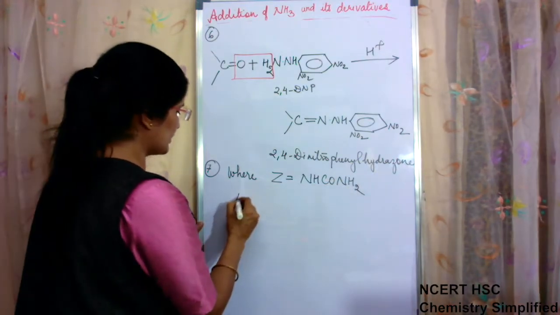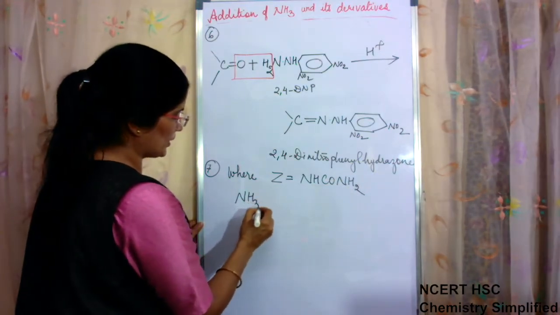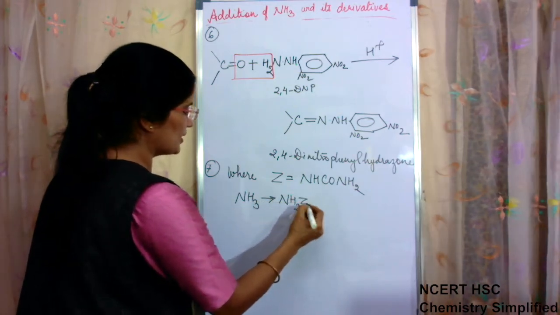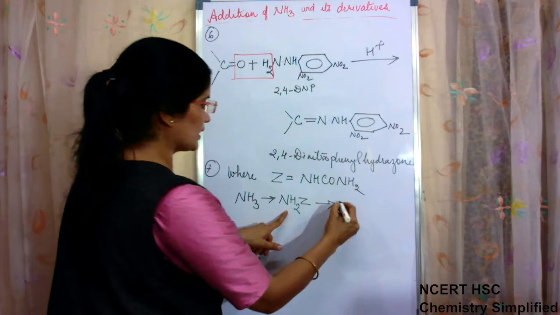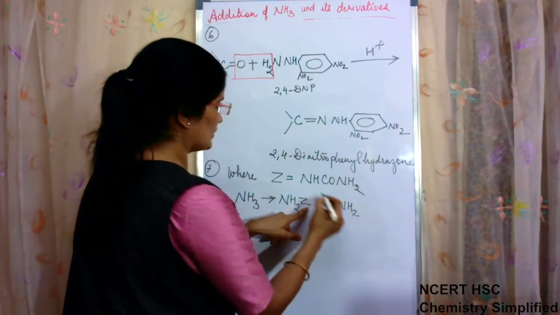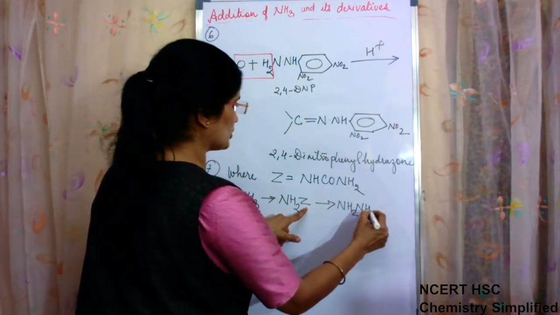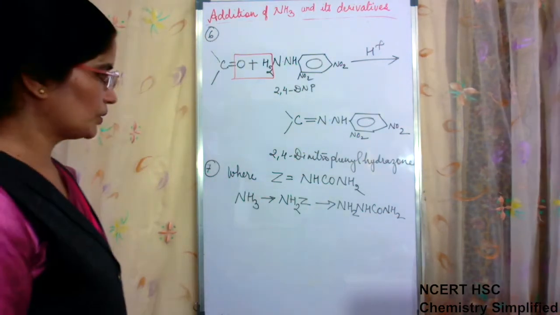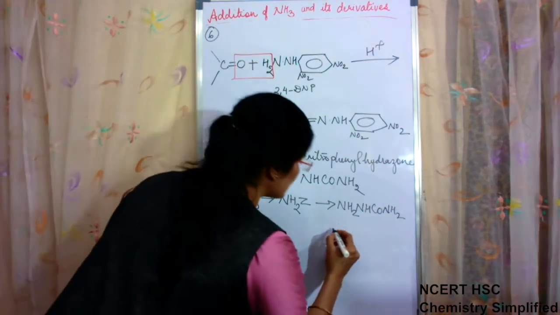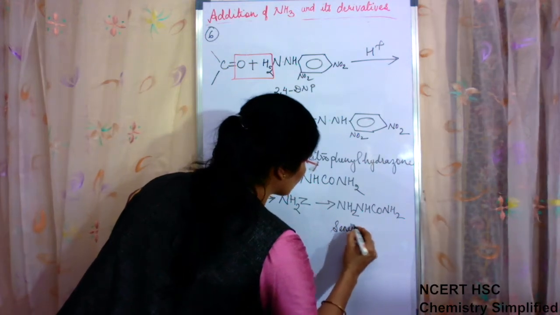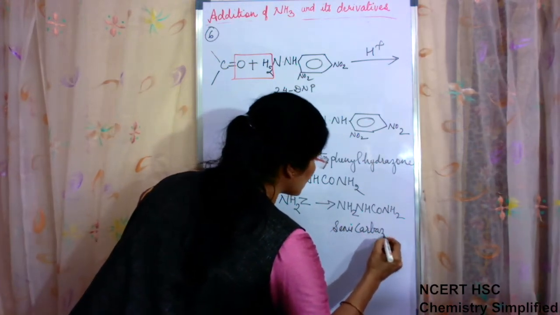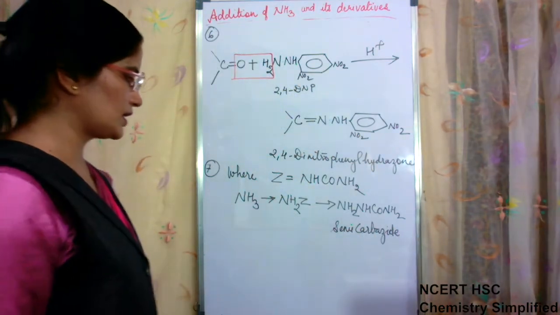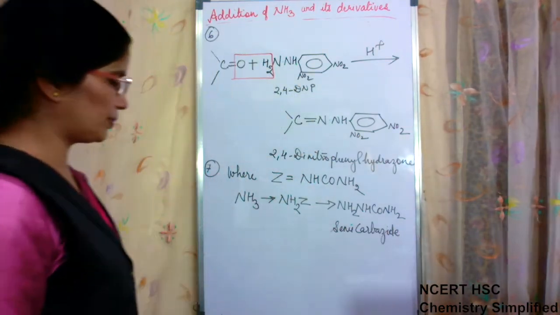So when this Z combines with the original molecule, that is ammonia converted as NH2Z, the whole molecule is NH2 and this Z is NHCONH2. Okay, this is known as semicarbazide. The name of this group is semicarbazide group.